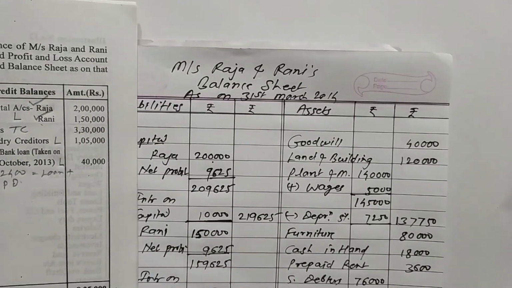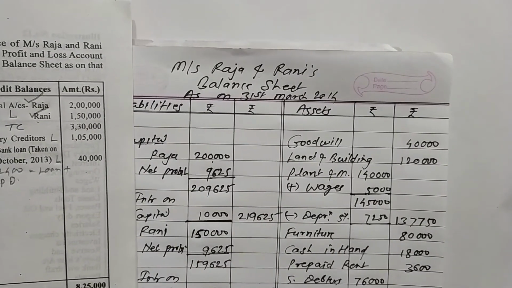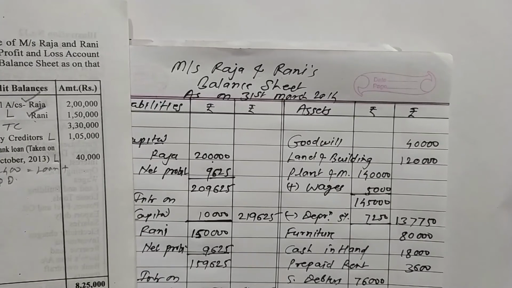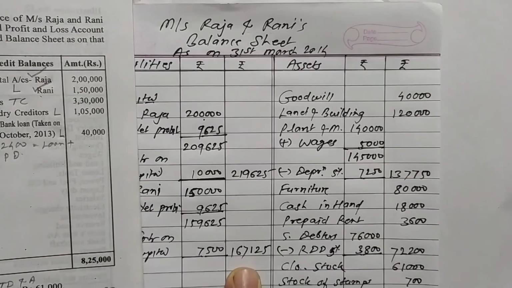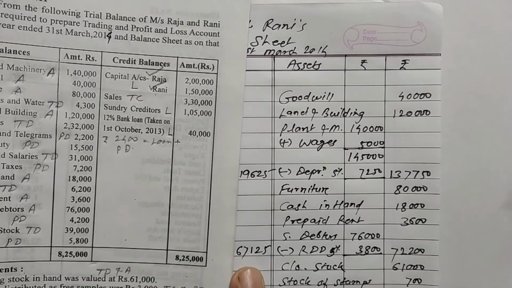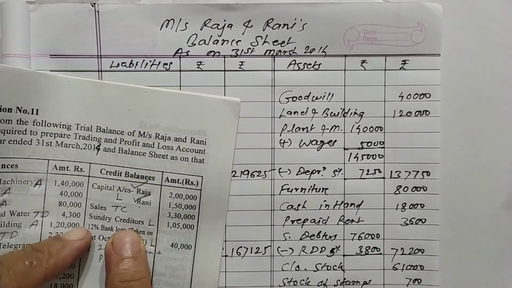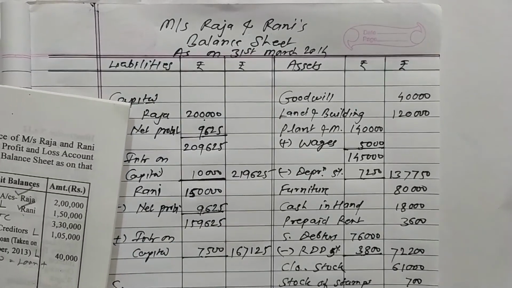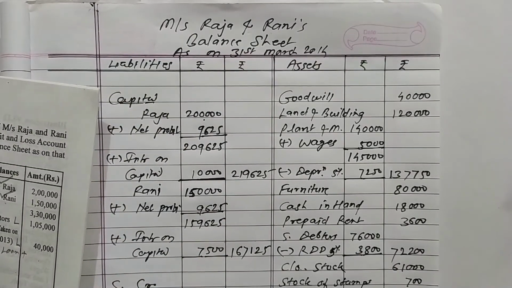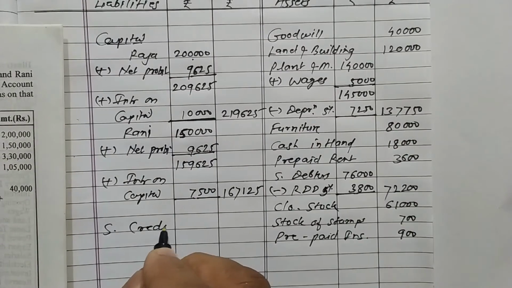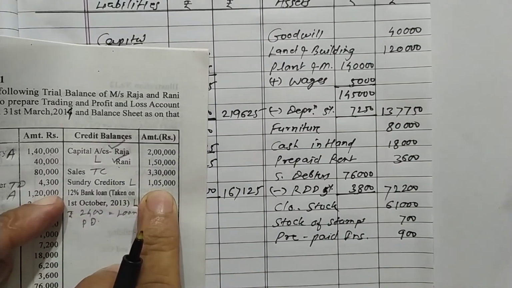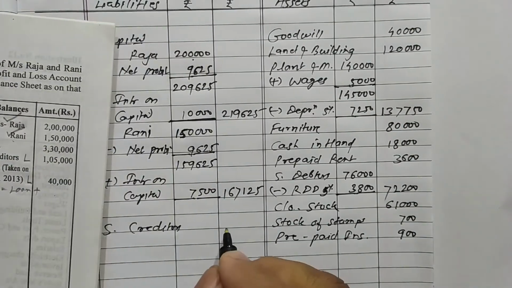Now see totals, 1,67,125. Okay. Now see the liabilities we have to find out. Creditors liability. Sundry creditors, rupees 1,05,000.